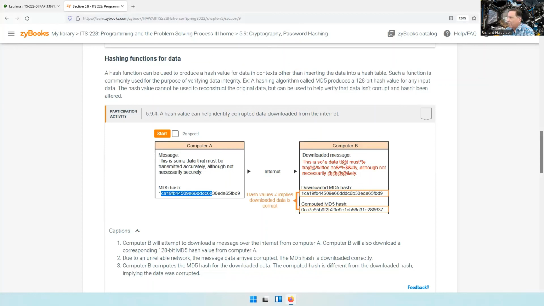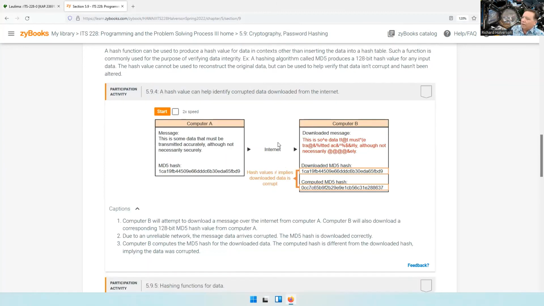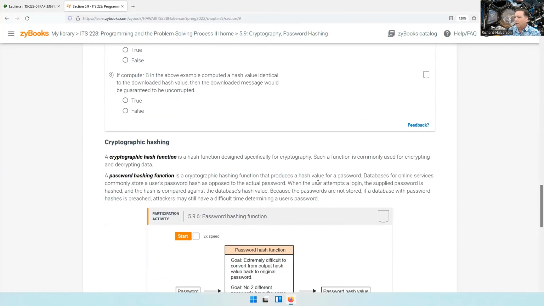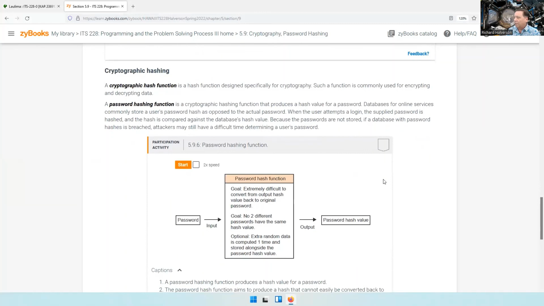Then you download the message and run it through MD5, and if it's not the same as what they also send, then you know that the message was corrupted. They use password hashing the same way.